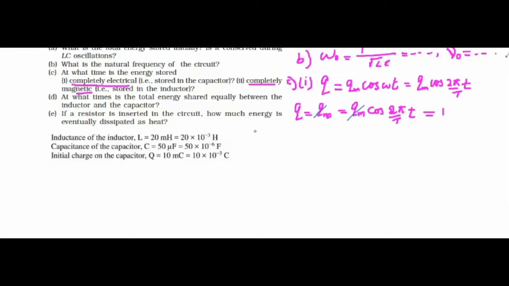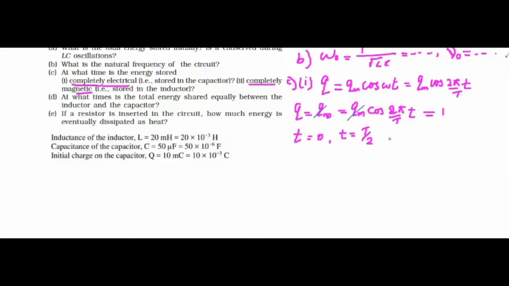You can see that you will get this condition when t is equal to 0, since cos 0 is 1. Then again, you can take t equal to capital T by 2. When t is equal to T by 2, you will get cos π. Cos π is cos 180, that is minus 1.